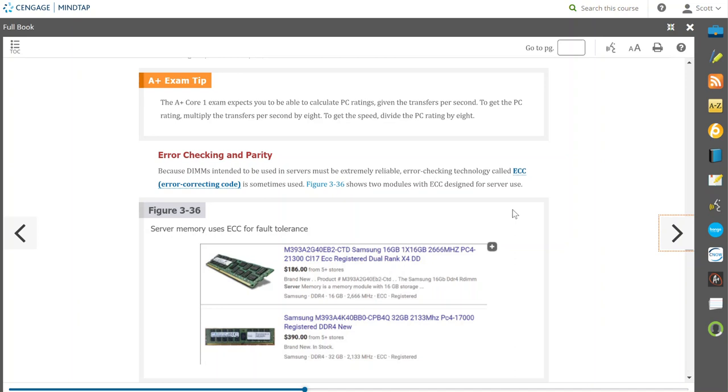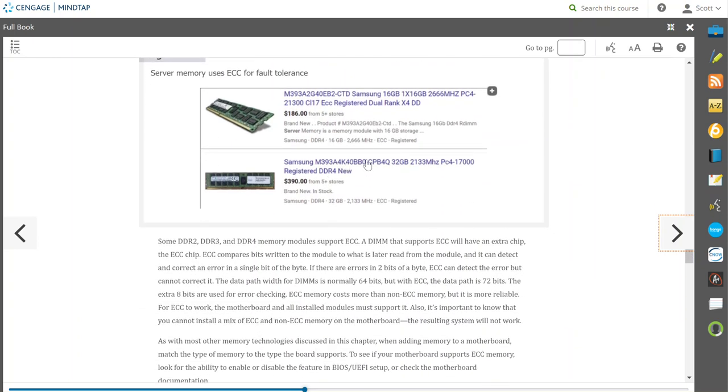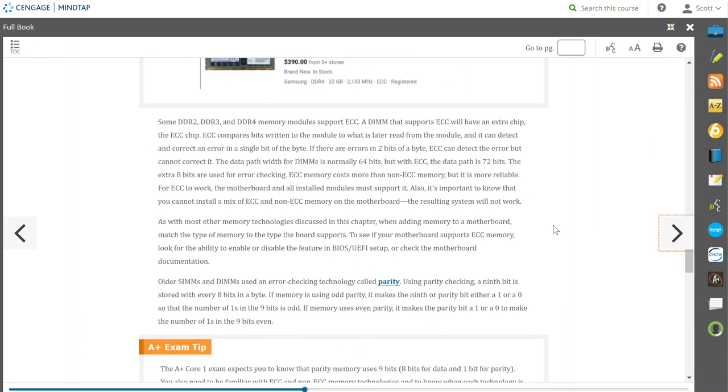It's not all the time, but one of the things that allows it to have that error correcting code allows us to check and make sure everything is the way it's supposed to be. I don't have any errors on my stick of RAM. Well, we've got software on hard drives that goes and checks for errors, but this is for the RAM itself. Okay.